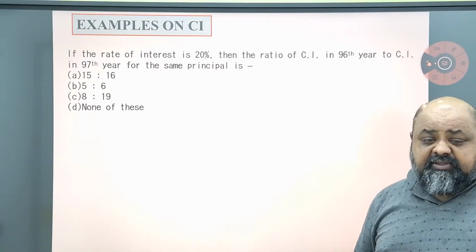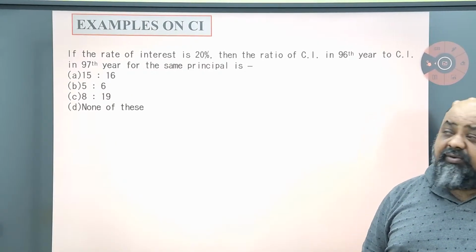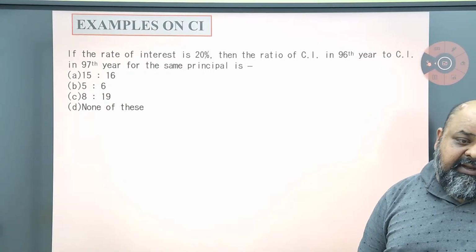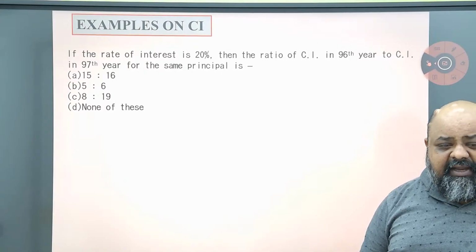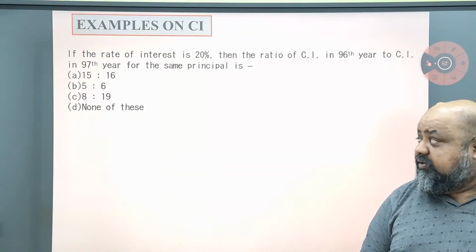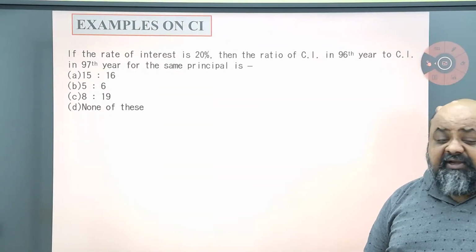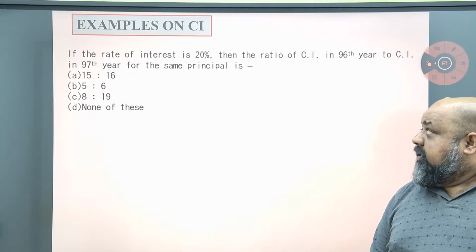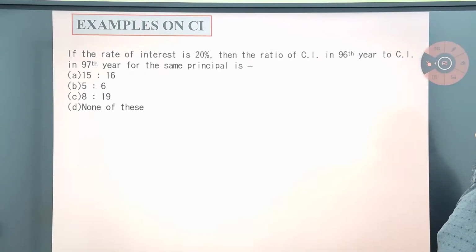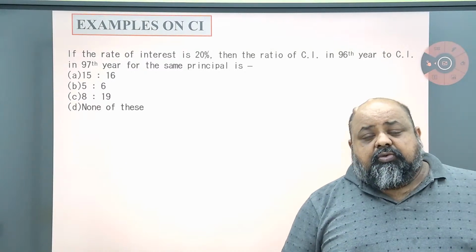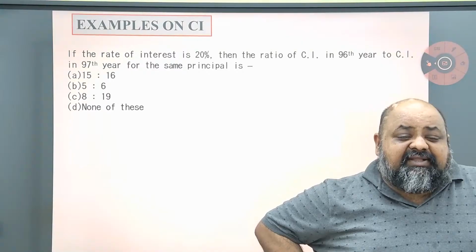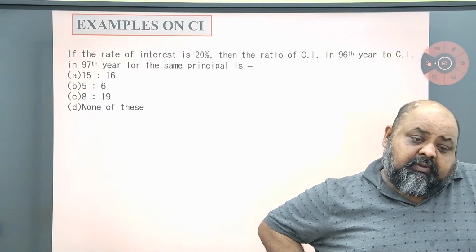Look at this question then. Now here the amount is not mentioned, and therefore using the formula kind of goes out of the window. It says if the rate of interest is 20%, then the ratio of CI in the 96th year to the CI in the 97th year would be.